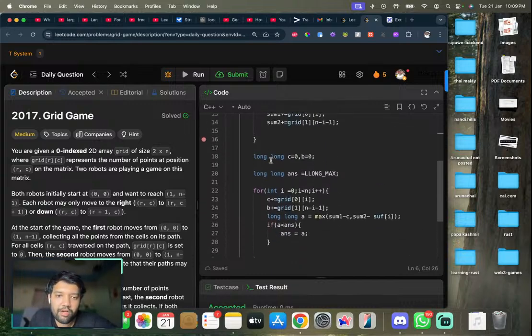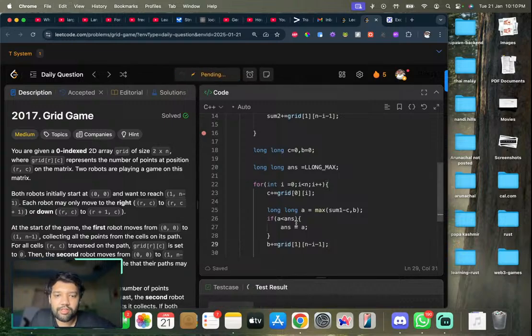So, how do we make sense of this second? So, I can have this as B and increase B afterwards. So, will this work?